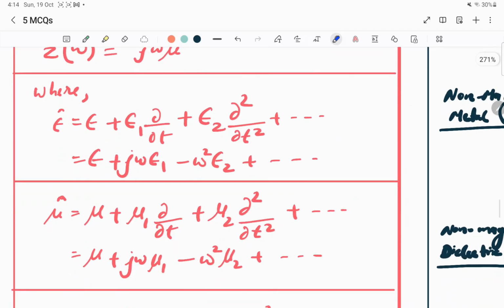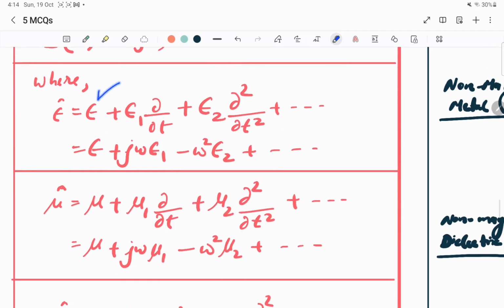Epsilon cap is epsilon plus epsilon 1 del by del t plus epsilon 2 del square by del t square plus all other higher order derivative terms with respect to time, which can also be written in complex form, where the derivative becomes j omega.